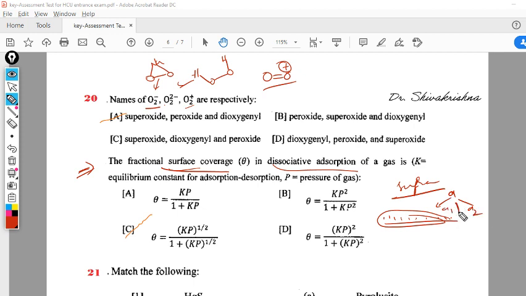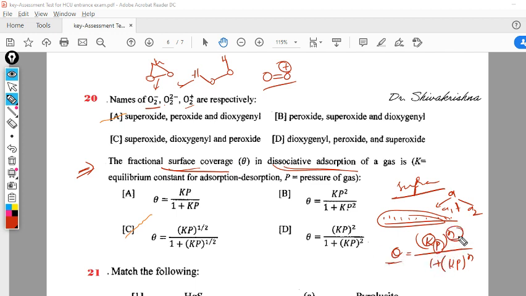If it is dissociating into two parts, the actual formula for the fraction of the occupied area will be (Kp)^(1/n) over 1 plus (Kp)^(1/n). Here K is the adsorption constant and P is the pressure. As the pressure increases, the area of adsorption increases.